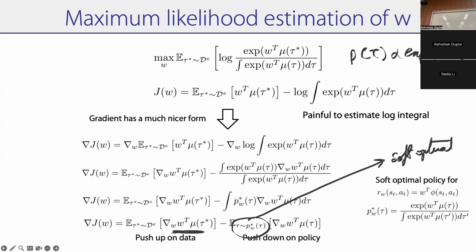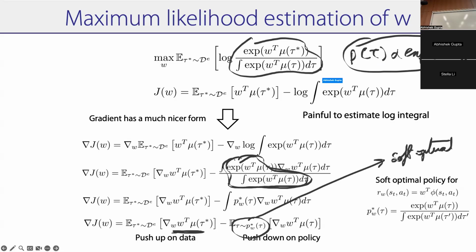We noticed that this term is exactly the same as this guy. Right? Look at this guy, look at this guy. They're exactly the same term. Right? And so then we said there's an expectation here with respect to the expert, and there's an expectation here with respect to this distribution.